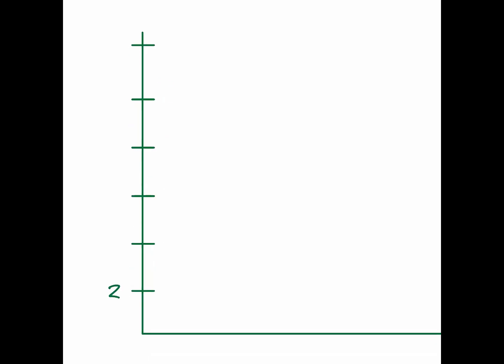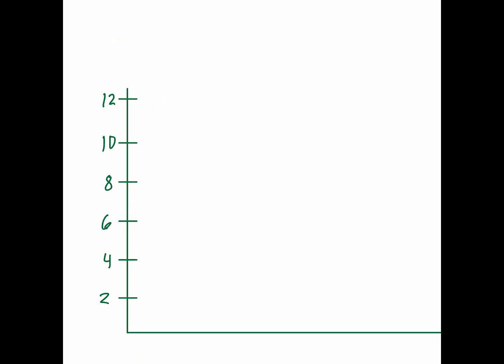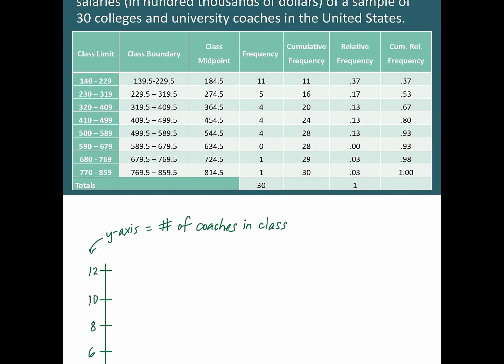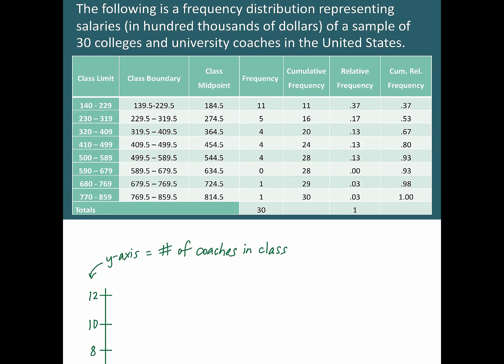So on my y-axis, that's going to list the frequencies. Our highest frequency, as you recall, was 11. Let's go ahead and do my x-axis here. My x-axis will be the classes of salaries. Once I get those down, how do I start? What do I begin on the left-hand side? Well, I'm going to go to the table and take a look at my lowest class boundary, which in this case is 139.5.